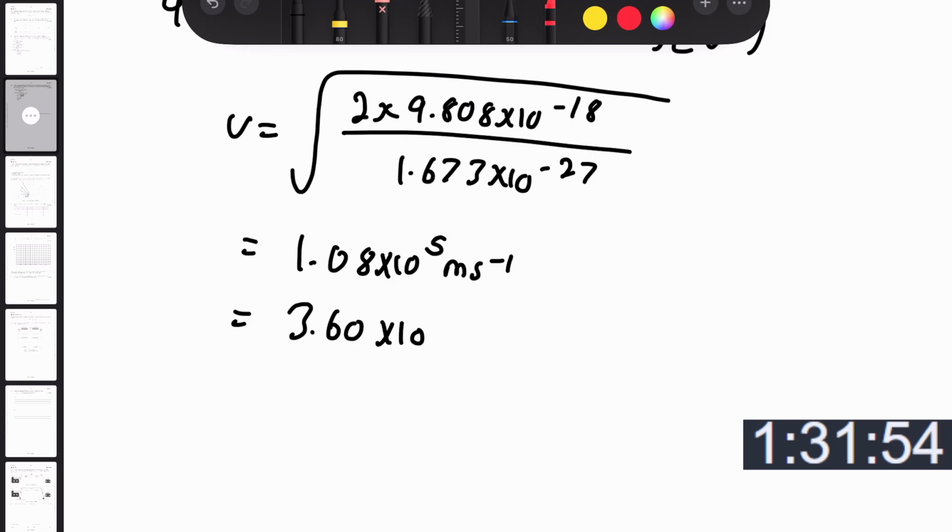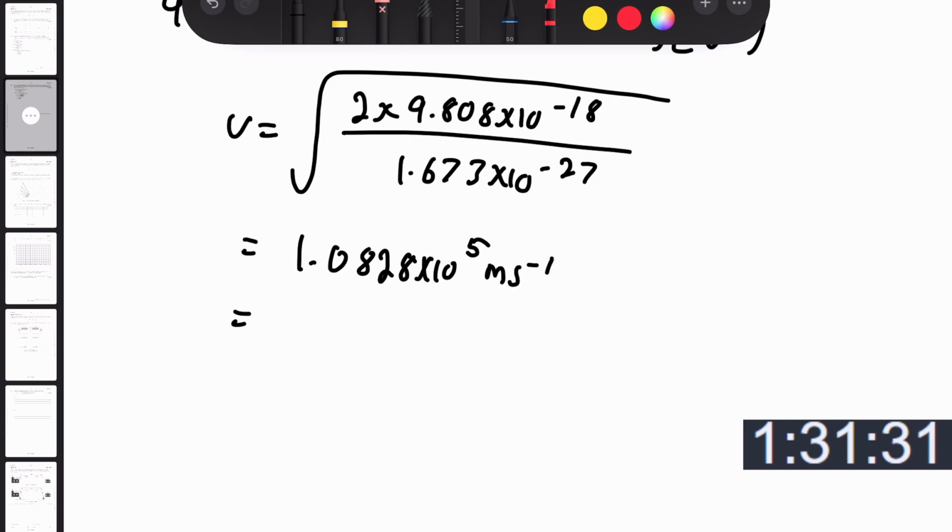Maybe I should go the full number. 0.828 times 10 to the 5 meters per second.